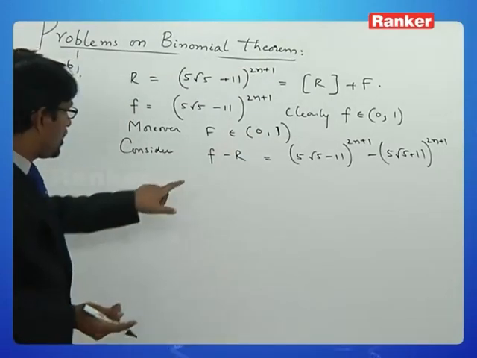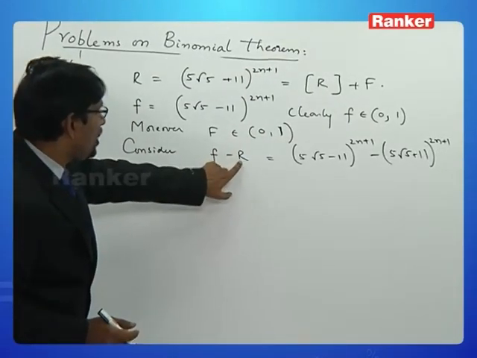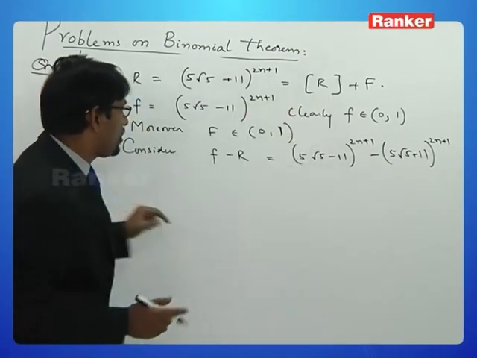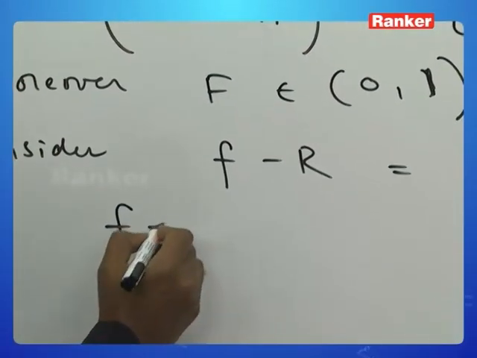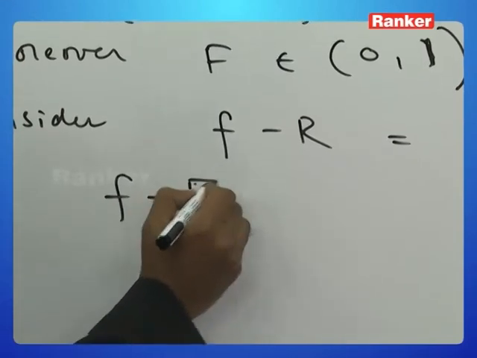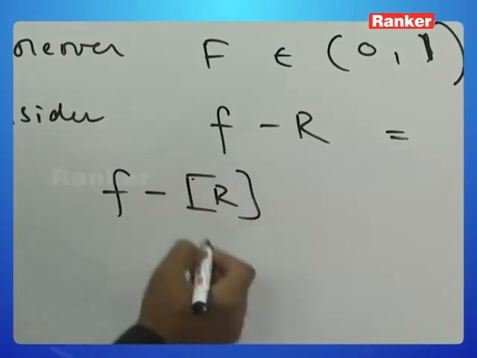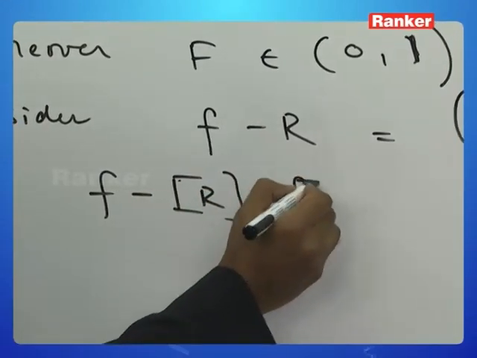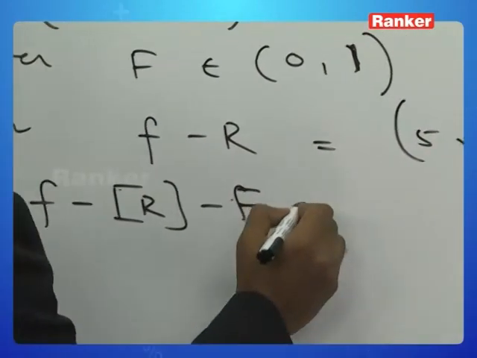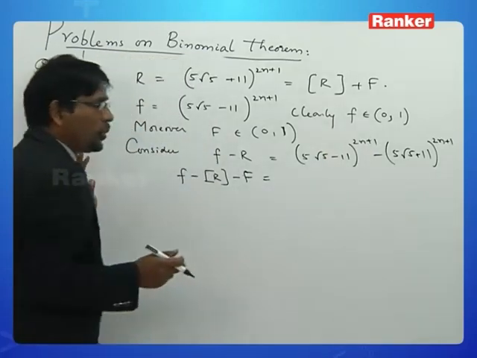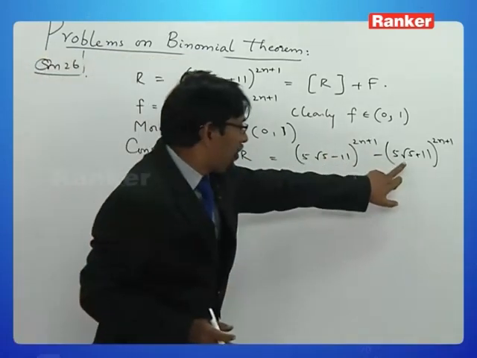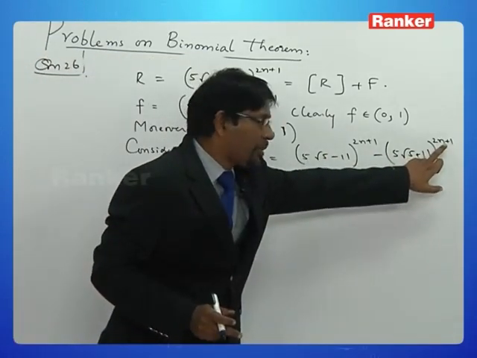But what was R there? Bracket R plus capital F. So the left hand side comes out to be f minus bracket R minus capital F, which is equal to (5 root 5 minus 11) raised to the power 2n plus 1 minus (5 root 5 plus 11) raised to the power 2n plus 1.